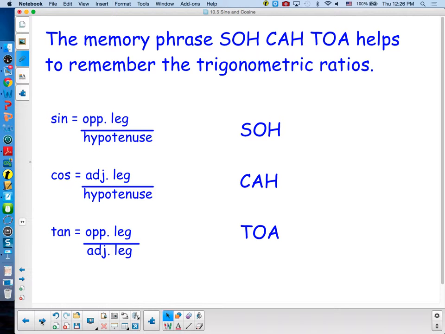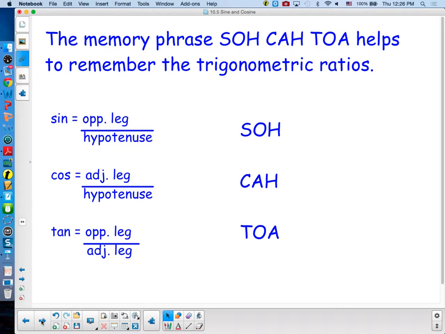So I would suggest that you write that on the top of your paper for the next few days while you're doing lessons that are based on the trig ratios. So I've got most of that on the board here, but I didn't put it in the right order.